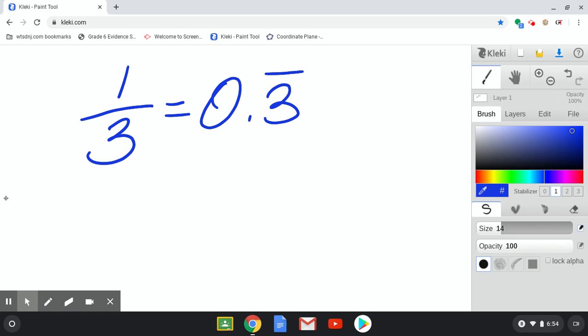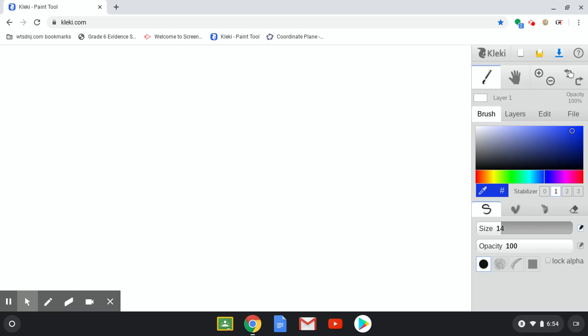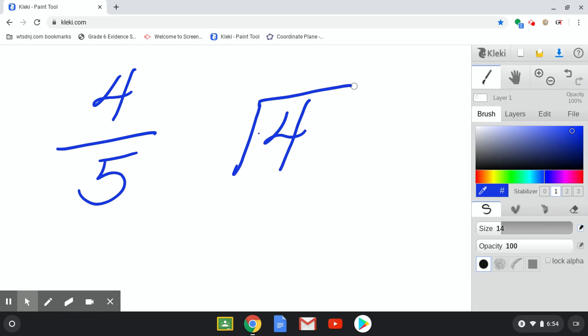Now let's look at one that we don't happen to know the decimal equivalent to and actually do the division for it. So let's say I had 4/5. Let's just say you don't know it offhand. You would take your 4 divided by 5. Remember, your numerator always goes inside of your division box. So 5 does not go into 4.